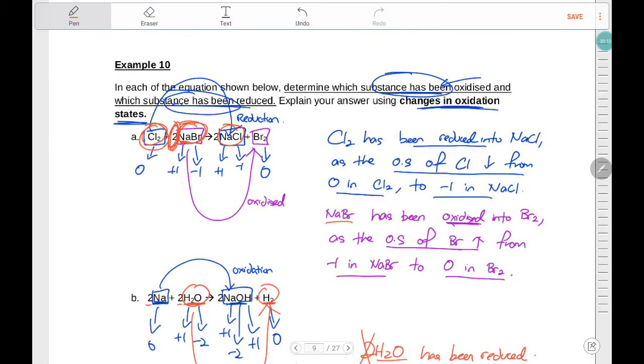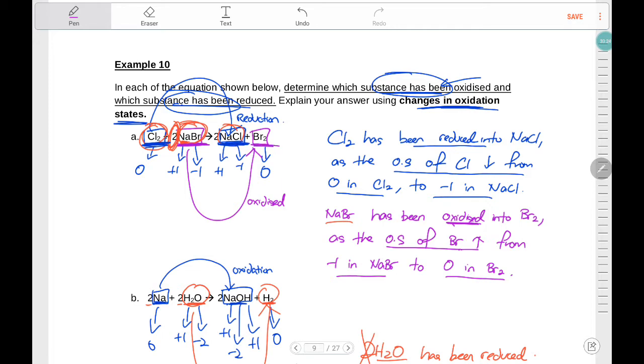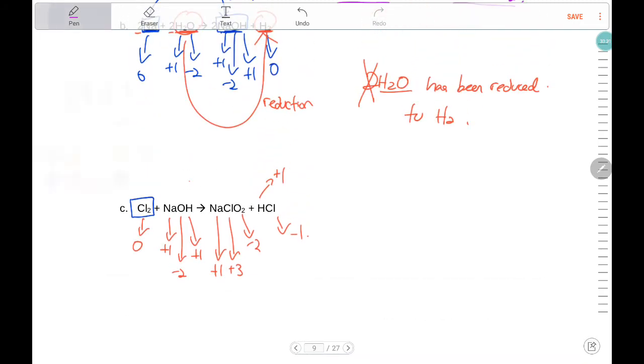It always comes in a pair. Similarly for the first one, Cl2 to NaCl is a pair, or NaBr to Br2 is a pair. It's also an oxidation reduction pair, right?